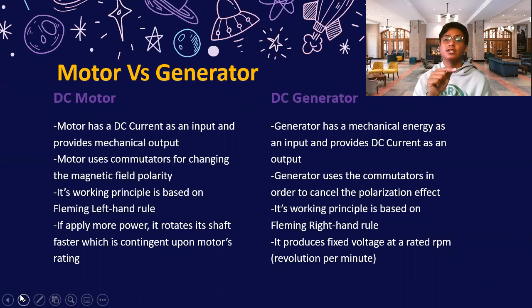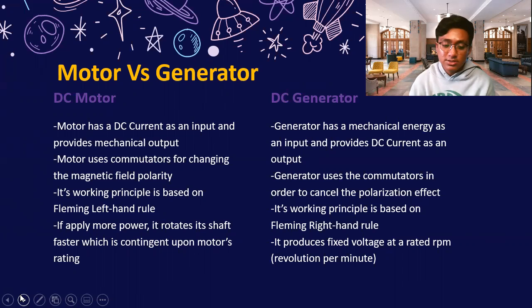Basically, the wave coming out from the DC generator is like this, with no negative side of current. If we are not using the commutator, the current will be like this. This is an alternating current, not a DC current. So that's why the generator uses a commutator to cancel the polarization effect.